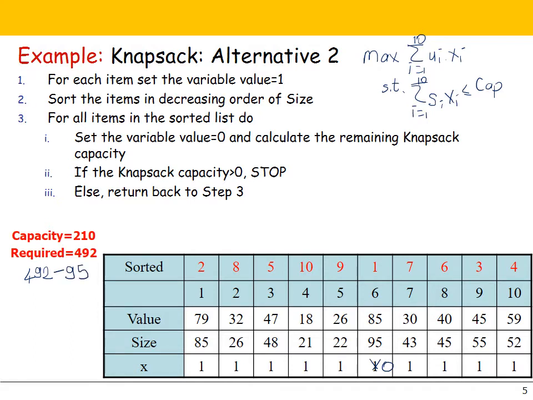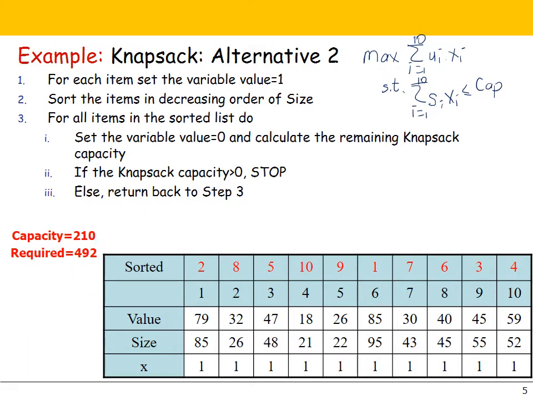So you will have 397, I guess. And this 397 is still larger than your available knapsack capacity. We don't have the required capacity less than the actual capacity. It means that we need to return to the beginning of step 3 and continue.